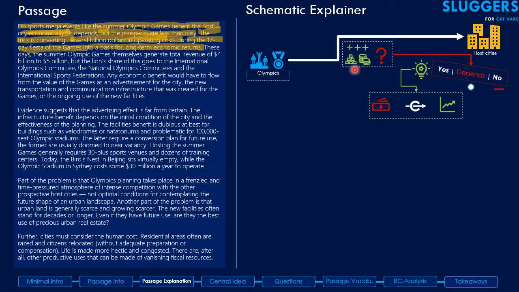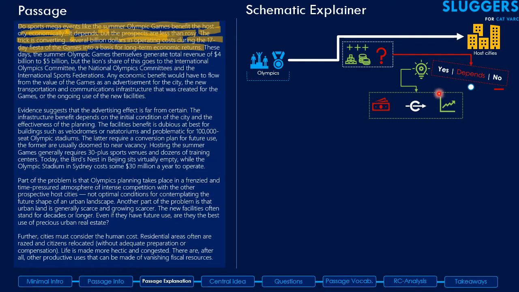So the trick by which these events might actually end up benefiting the host cities is to convert the operating costs expended by the host cities in conducting the Olympics into a basis for this. This is the symbol for convert. We'll be using this as a symbol for convert: C with an arrow going through. To convert the operating costs into a basis for long-term economic returns, right?